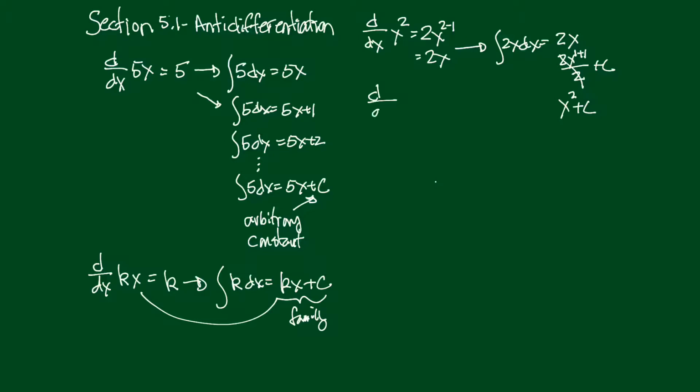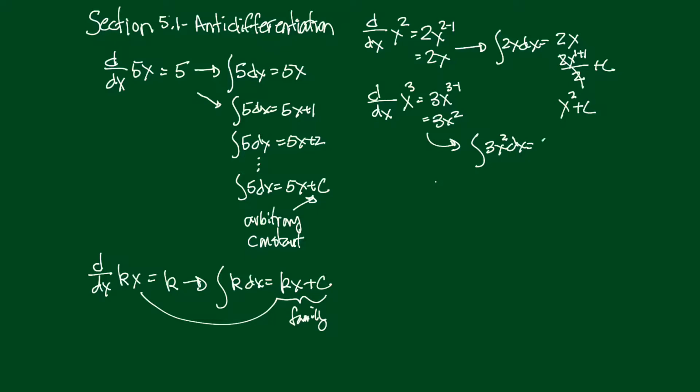So what about this one here? What if we take the derivative with respect to x of, say, x cubed? Well, we know what happens. The 3 comes down as a multiplier. We decrease the exponent by 1, so we end up with 3x squared. And then if we go backwards, we antidifferentiate 3x squared with respect to x.